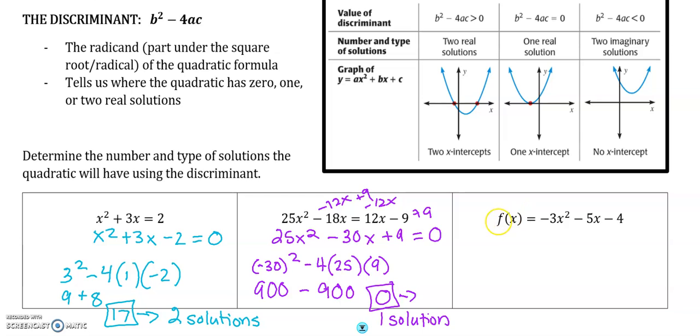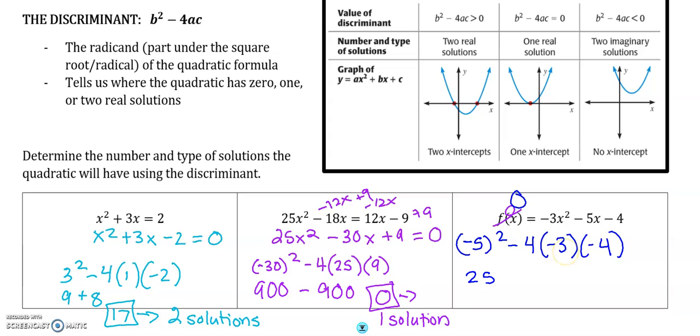Last one, we just make this f of x equal 0. So again, I'm typing in my b, squaring it, minus 4 times a and c. Negative 5 squared is a positive 25. Then we have negative 4 times negative 3. That's positive 12. Times a negative 4 again.